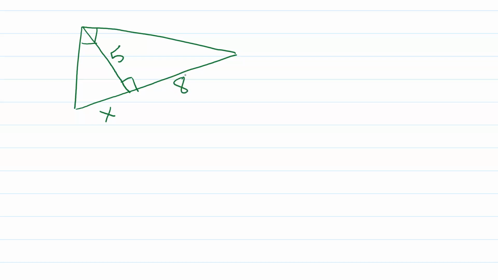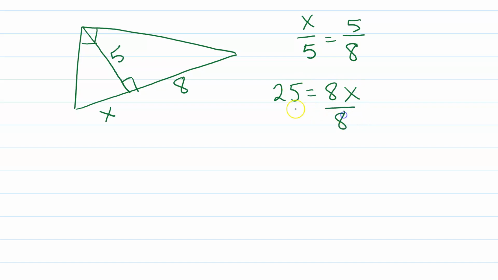Okay, and they said solve for x. I'm going to set it up the same way. 5 is the altitude, so that's the geometric mean. It gets written twice between the parts of the hypotenuse, x and 8. Now when I cross multiply, I get 25 equals 8x, and then just solve for that. X equals 25 divided by 8. Put that in a calculator.